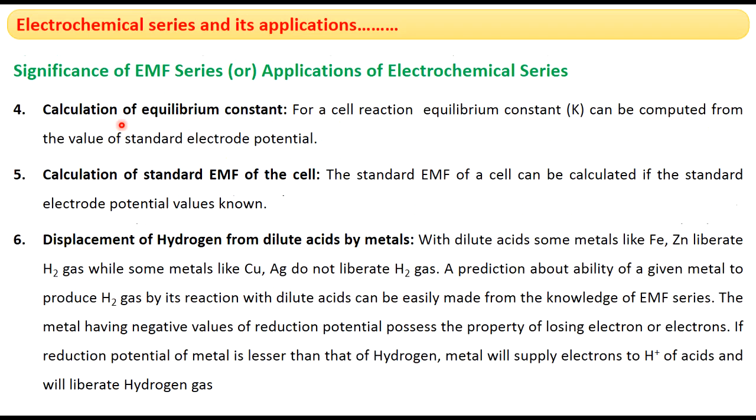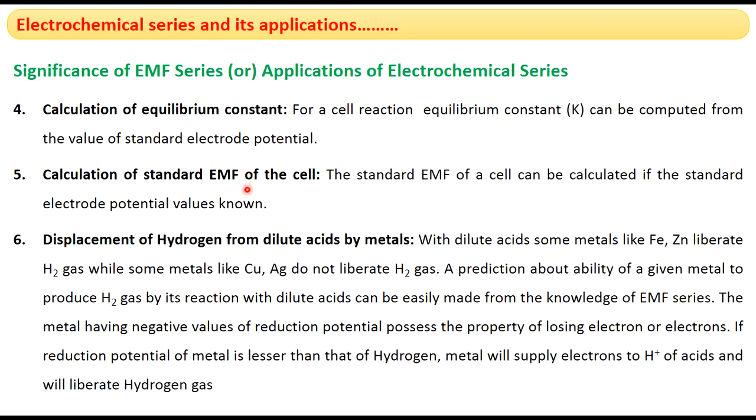Another application of electrochemical series is calculation of the equilibrium constant for a system. For a cell reaction, we can calculate the equilibrium constant K if we know the standard electrode potential value of the cell reaction.